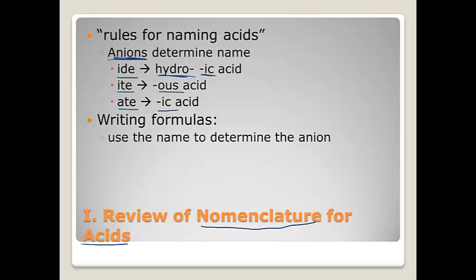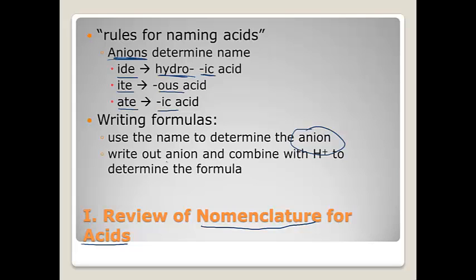Use the name to figure out the name and thus the formula of the anion, write out the anion with its charge, combine it with H+, and then balance out the charges. Basically the only thing you're ever going to need more than one of is the H+ ion when you're writing your formulas.